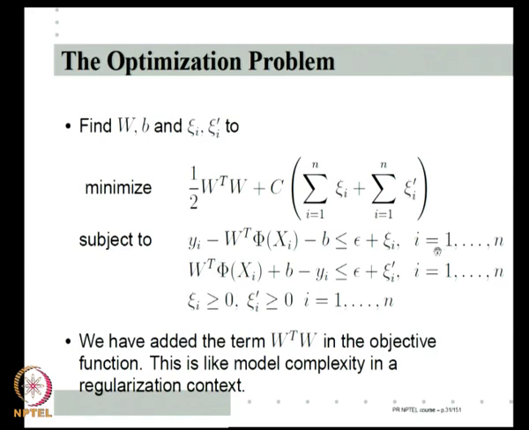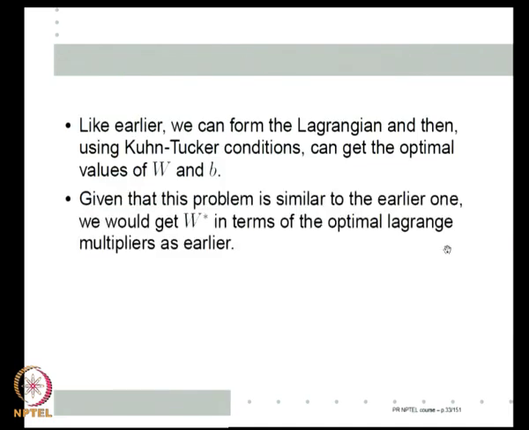The Lagrange multipliers corresponding to the xi_i constraints are alpha_i, and those corresponding to the xi_i prime constraints are alpha_i prime. The multipliers for the other constraints are not important, just like in the SVM case, and will not enter the dual. So the dual is in terms of alpha_i and alpha_i prime, for i equal to 1 to n. Those 2n variables are the Lagrange multipliers corresponding to these 2n constraints.